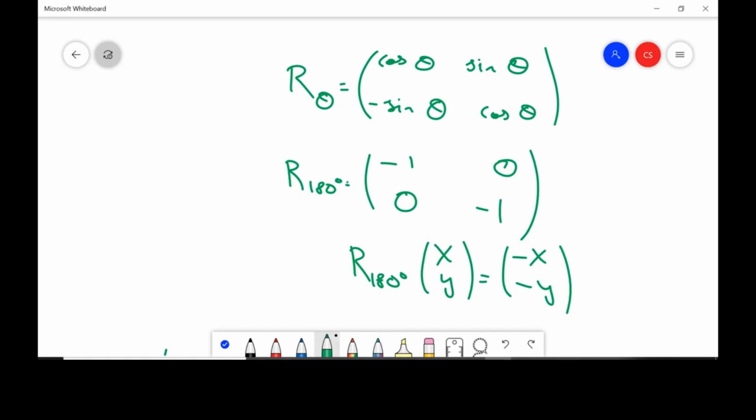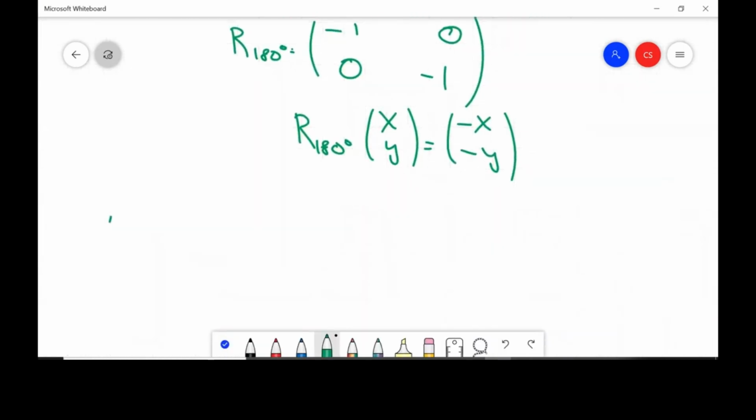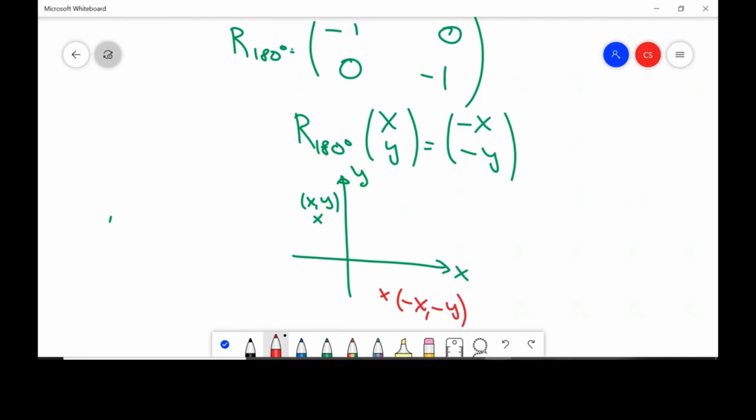That doesn't occur for the other mirrors. So this mirroring is this one. You have a point here at the coordinate, let's say this is x, this is y, this is the coordinate xy. The mirror point is minus x minus y. There are two other ways of mirroring. So this is a mirror with respect to this point.